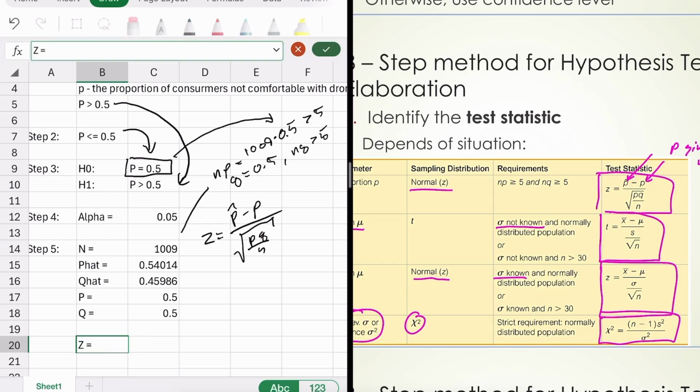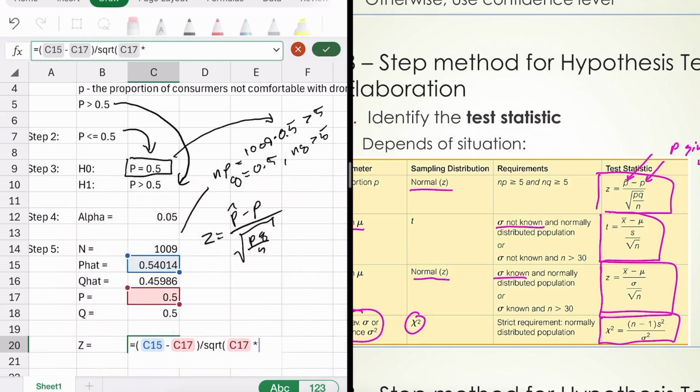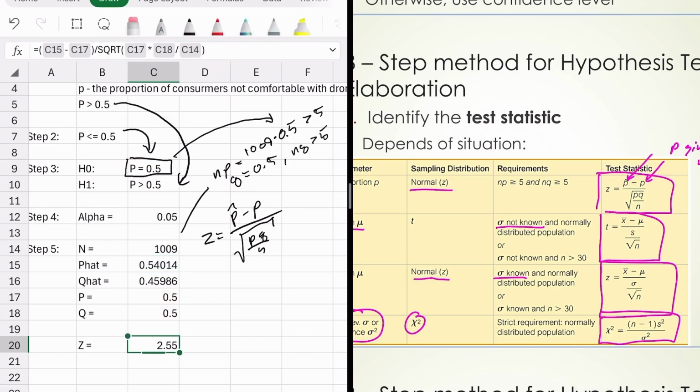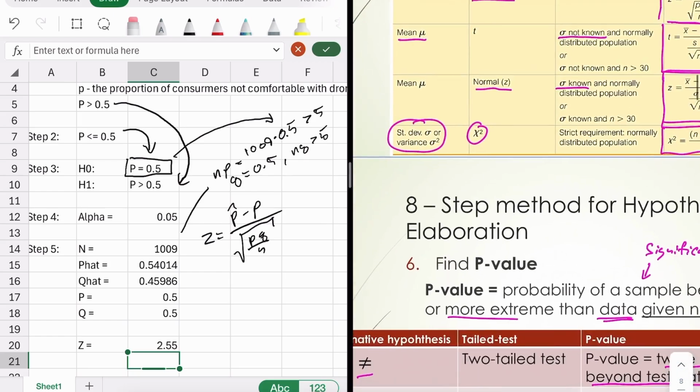Z equals, and this is my test statistic, P hat minus P divided by square root P times Q divided by N. Close the square root. That's it. Let's take a look at that. I'll enter. There's my test statistic. And that's step 5. Let's go to step 6.